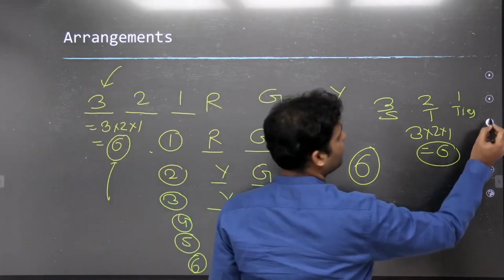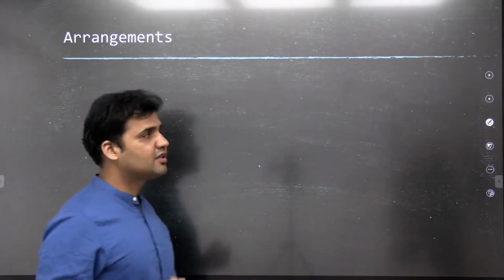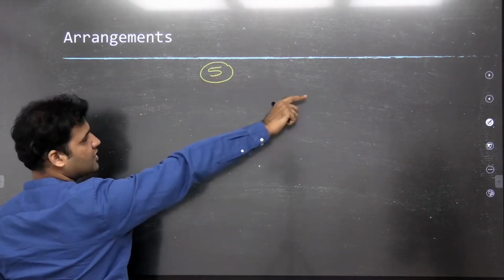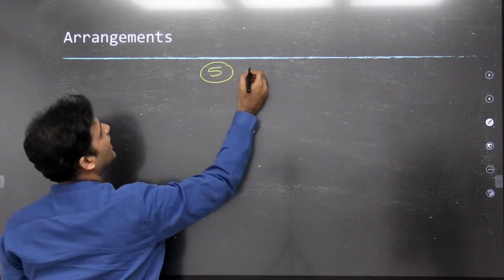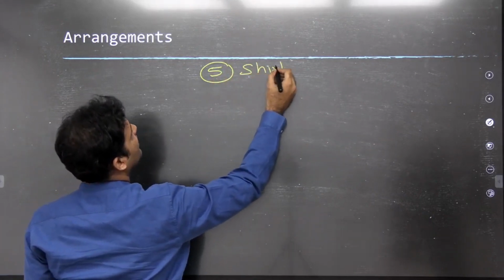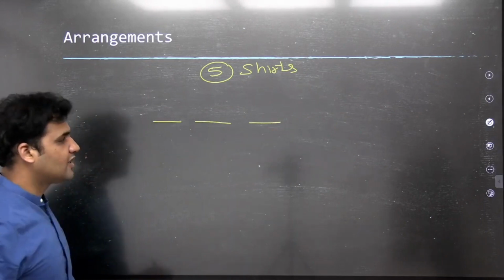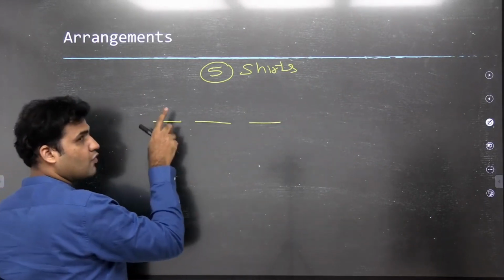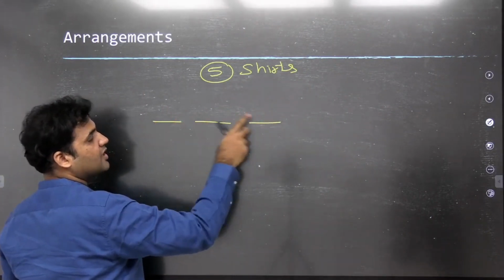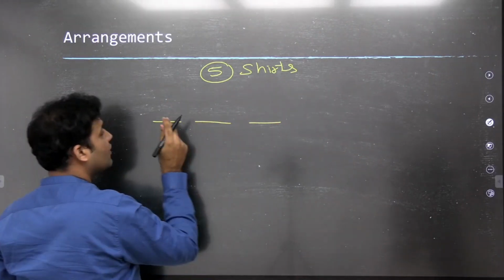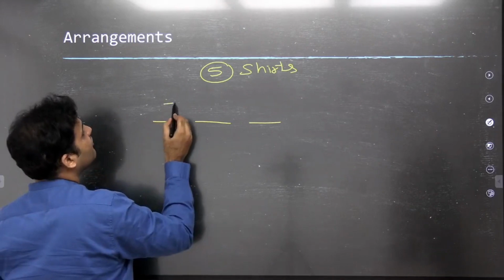Now, instead of 3 shirts, let's say I have 5 shirts. I'm not writing down the colors of the shirts, just assume that I have 5 shirts and I want to place 3 shirts over here. I want to find out the different possible arrangements of 3 shirts on a table side by side. The first place can be filled in 5 ways.